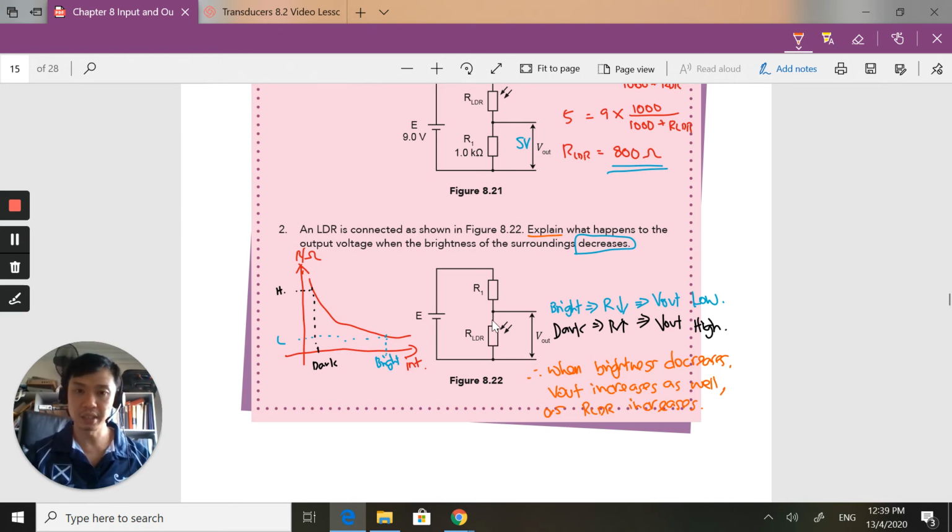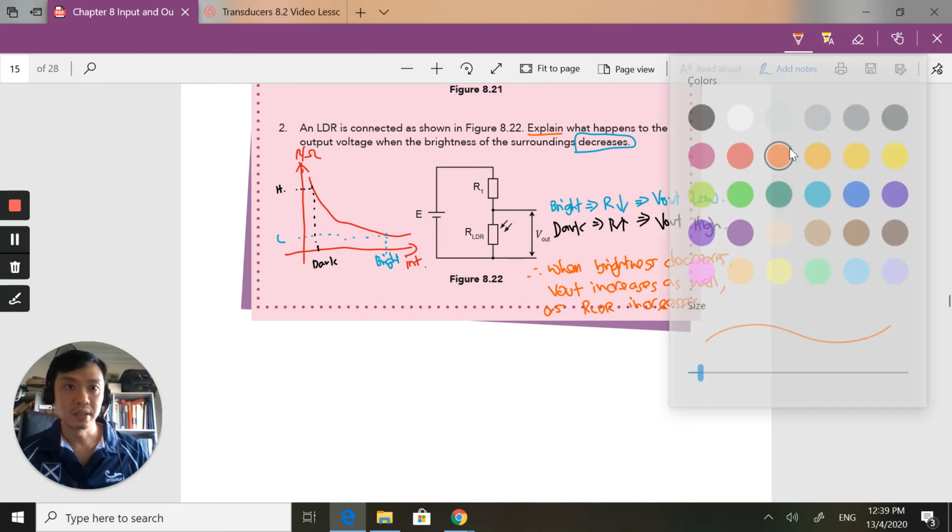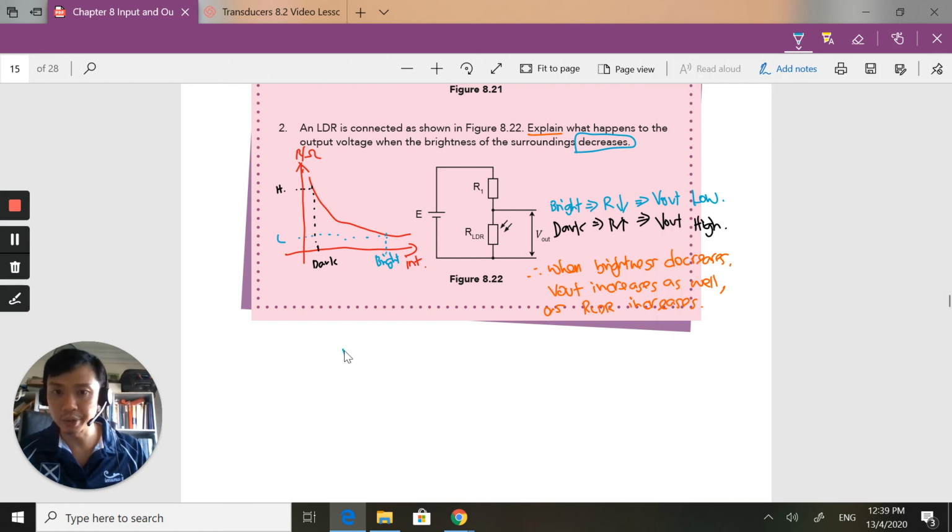Now, here's a quick pop quiz for you. Right now, when the brightness decreases, V out increases. But let's say for another scenario where it goes from bright down to dark.